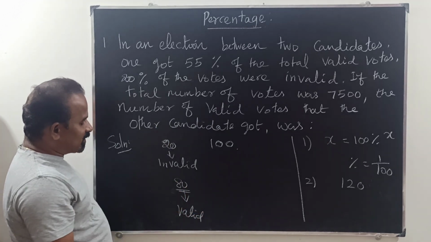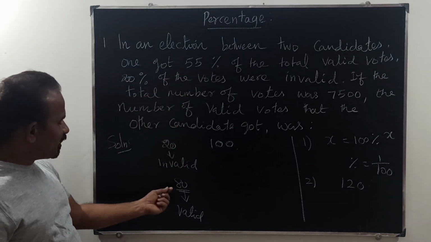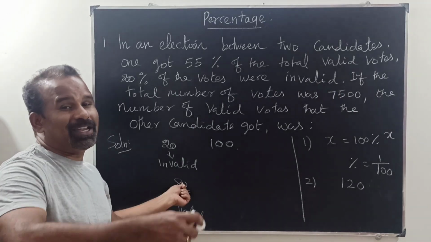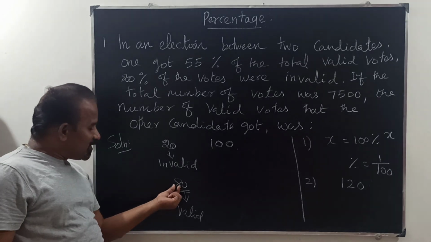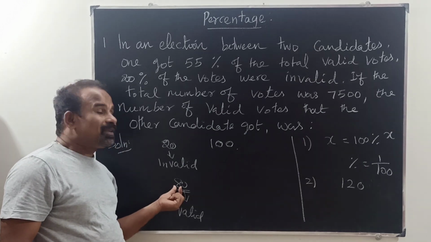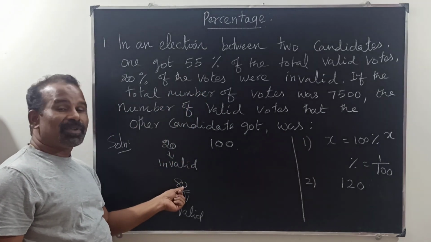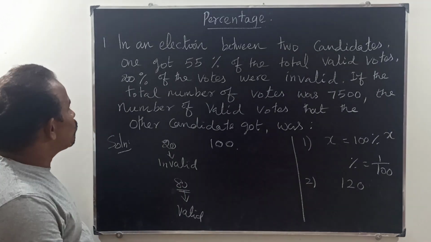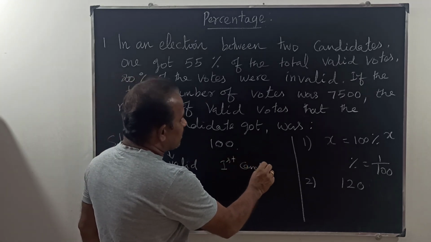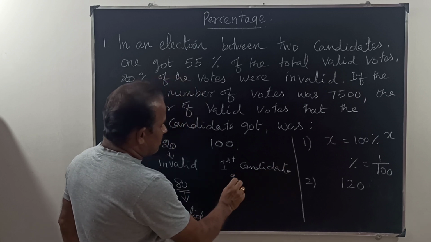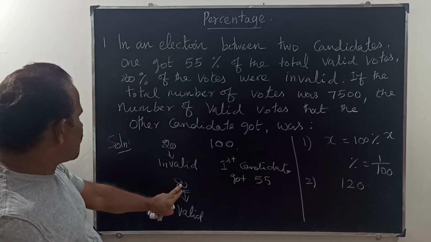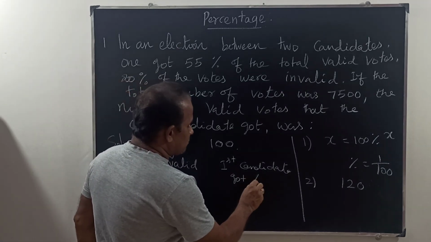So 10% is nothing but 8. 50% is 5 into 8, therefore 40. 5% is 4. Therefore 44. So the first candidate got 40 plus 4, 44 votes. Understood?